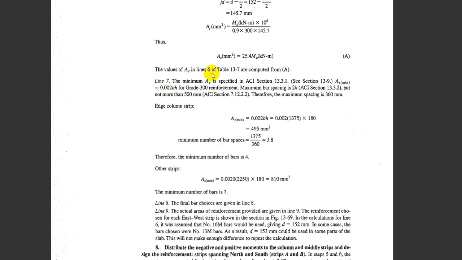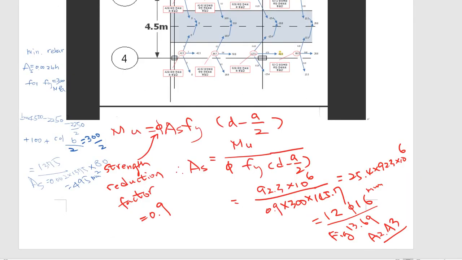After you design the rebar we just saw a few minutes ago, we have to check the minimum slab rebar area, and this As equals 0.002 bh for fy 300 megapascal, and we need to calculate b.